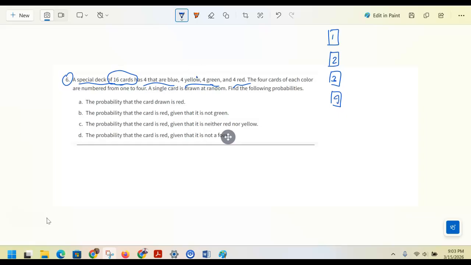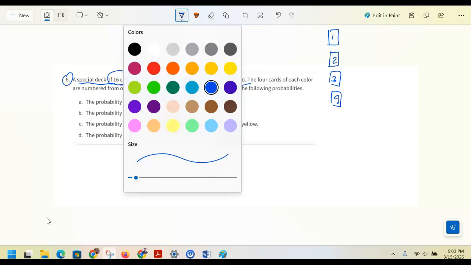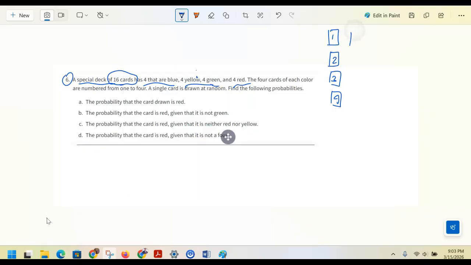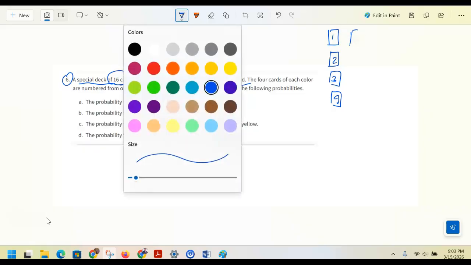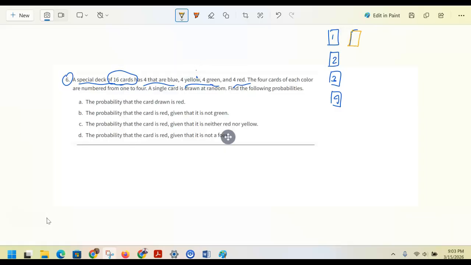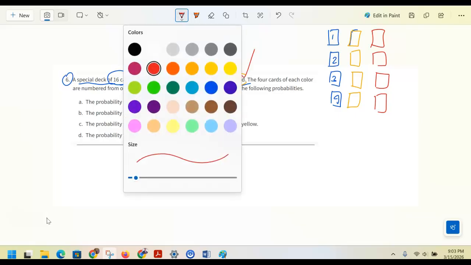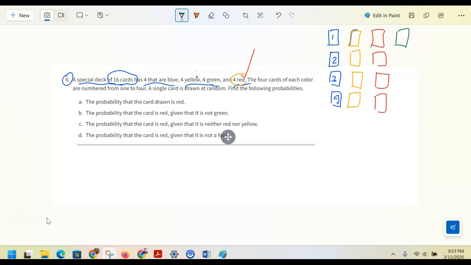Then there are 4 yellow cards, so I have to draw yellow: 1, 2, 3, and 4. Then 4 red cards, so I draw red, and 4 green. Altogether there are 16 cards.